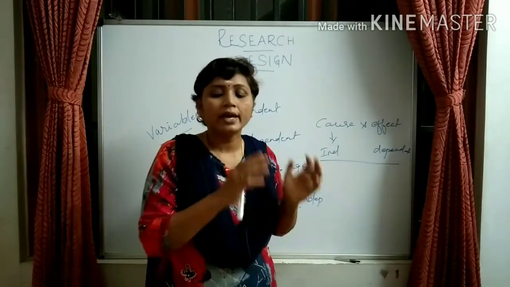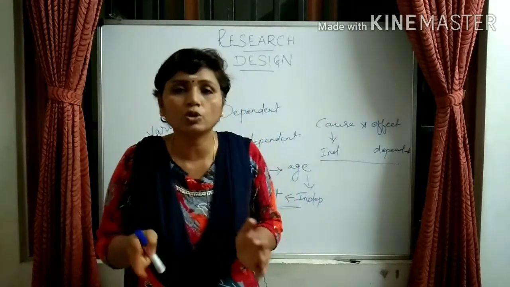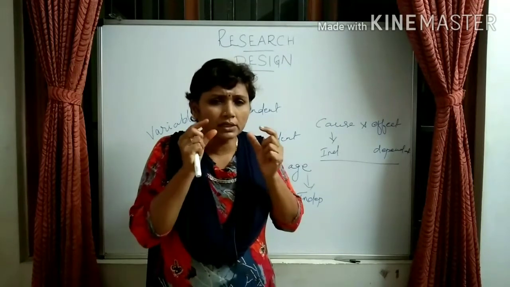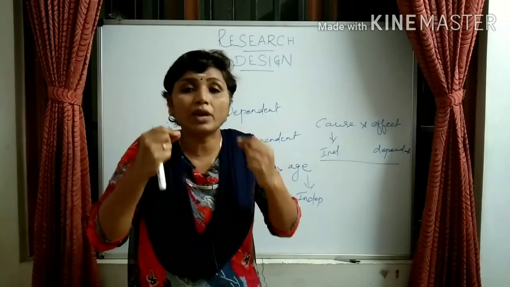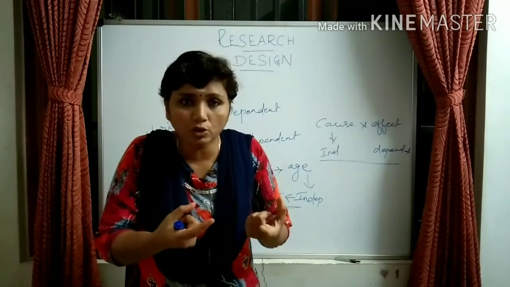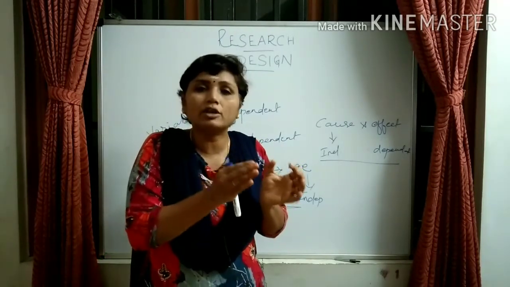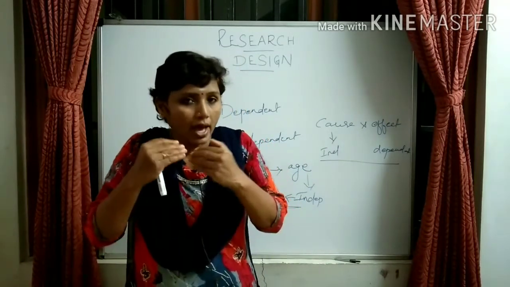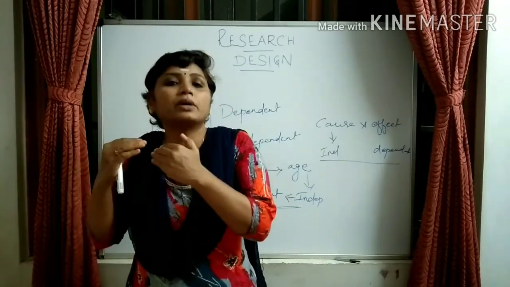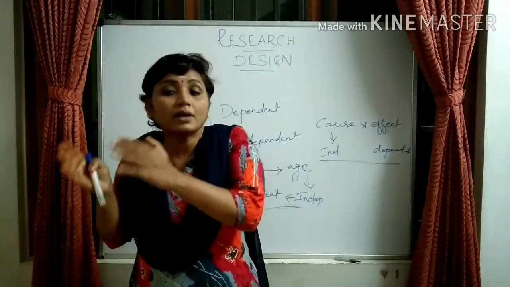Another one, experimental and control group. See the terms: the group on which we do the manipulation is called the experimental group. The control group will not be manipulated; as a natural way, the group will be compared.